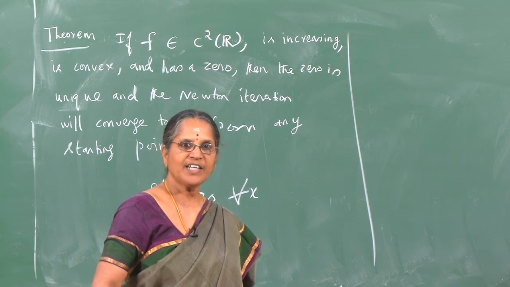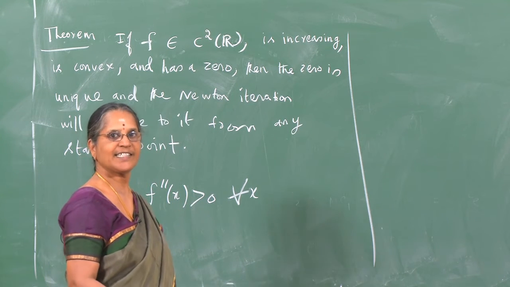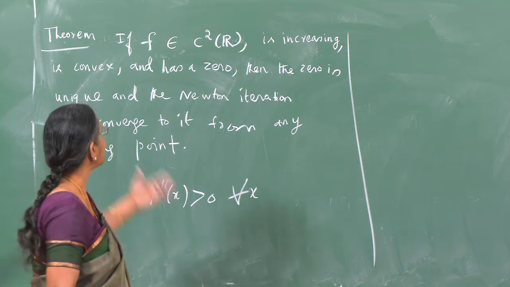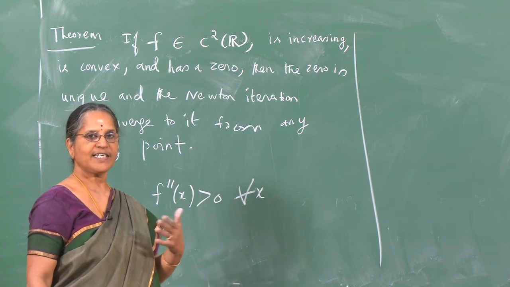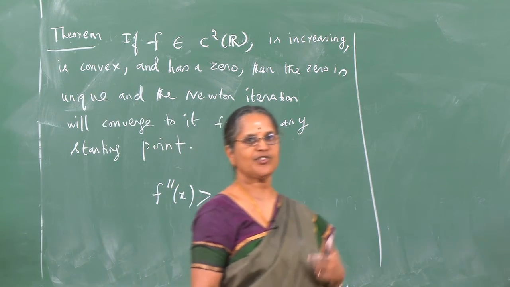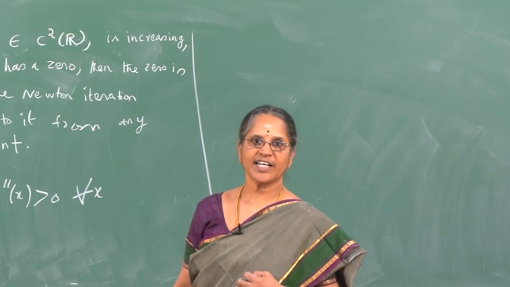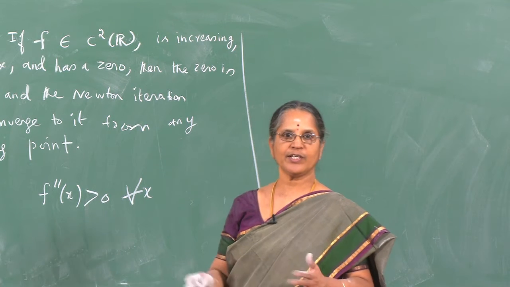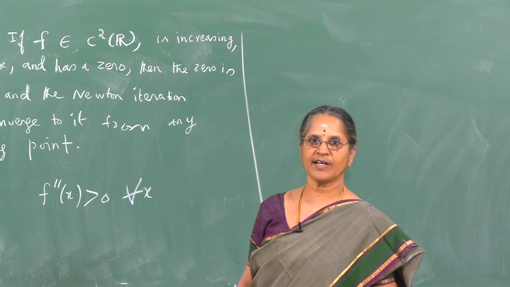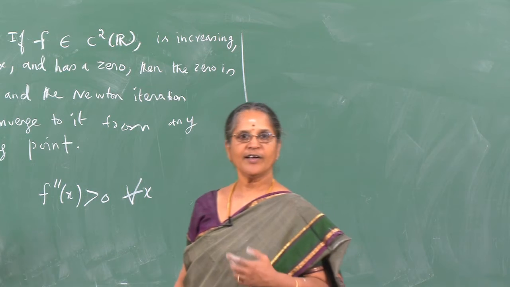And if the given function f satisfies some special conditions, it has some special properties as listed in the theorem, then your Newton-Raphson iterates will converge to a root of the equation starting from any initial approximation. So, now that we have understood these details about Newton-Raphson method, we will work out some problems on this method.